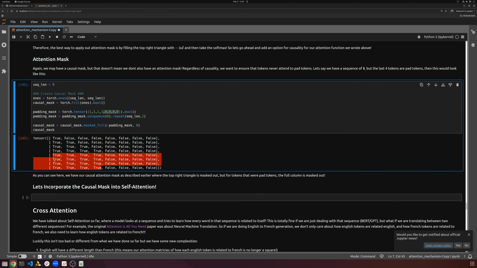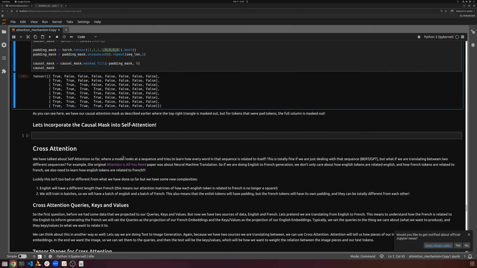It's probably just positional information. But these first 4 tokens will only learn how they're related to themselves and previous tokens, and never any pad tokens, because we masked them out. So we're just stacking different types of masking procedures here, but it's still a mask. Nothing has changed. We just have this extra little causal bit added onto it as well.